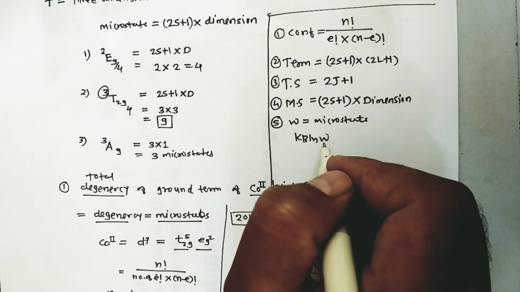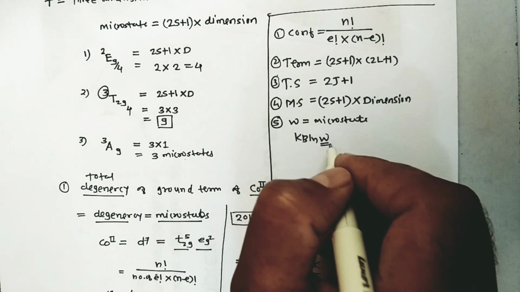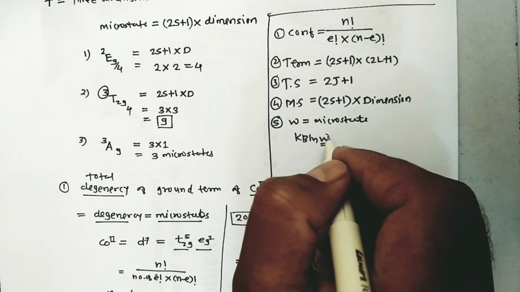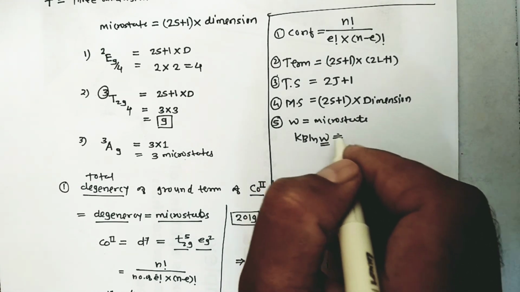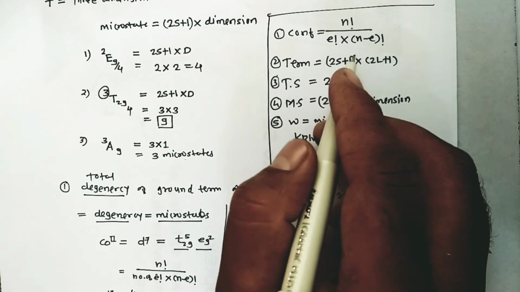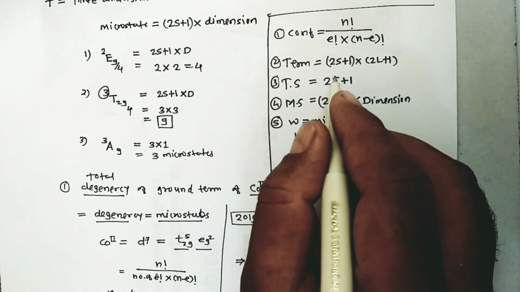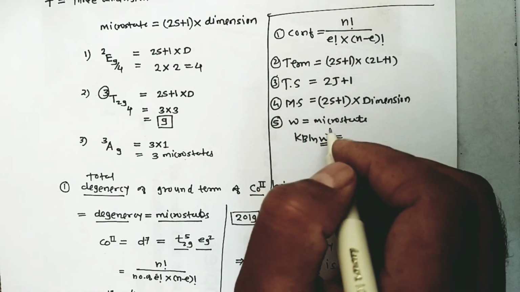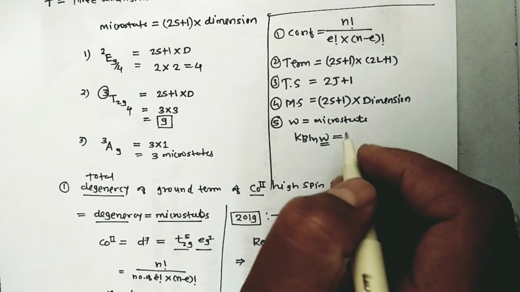So don't fear that omega is nothing but the number of microstates.